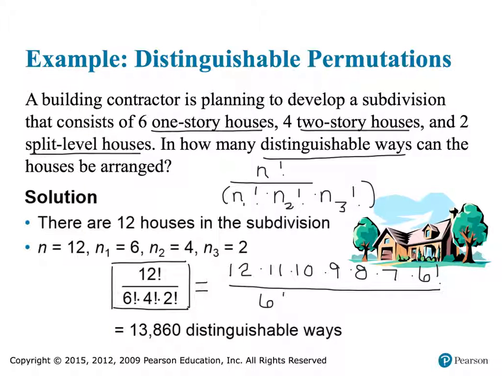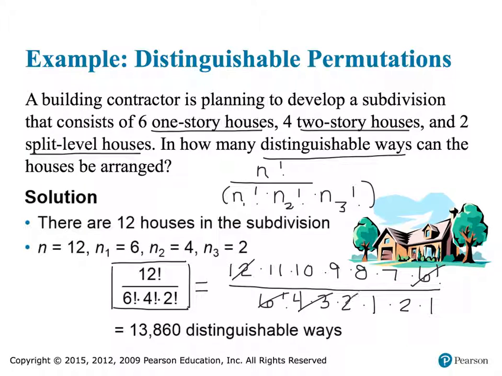So I've got a 6 factorial that's going to cancel that 6 factorial. Then I can start to break down the next factorial. 4 factorial would be 4 times 3 times 2 times 1. Well, 4 times 3 is 12, and that'll cancel that 12. And then the remaining factorial in the denominator is 2 factorial, which is 2 times 1.